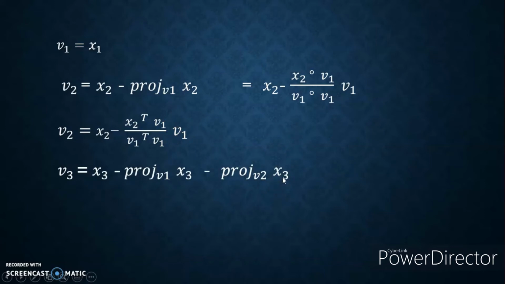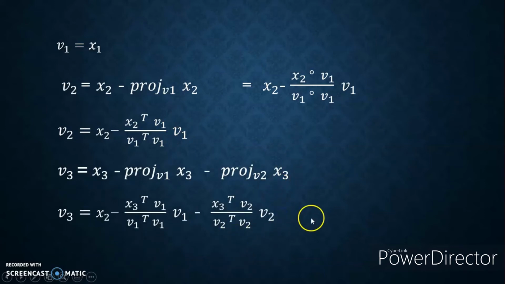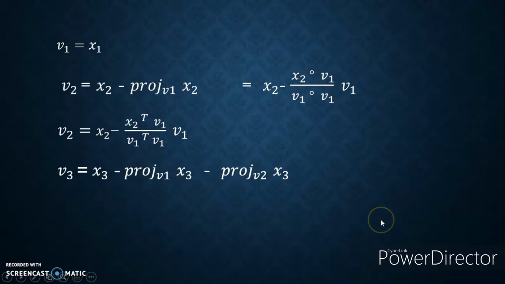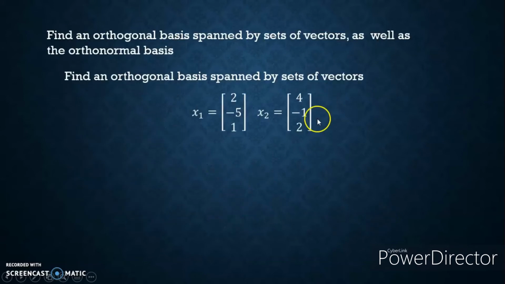If you are also solving for three vectors, you can use this formula, but in this example I'll be using only two vectors, so we only have to use the V1 and V2 formulas. Let us proceed with our example. I'll be showing you a video on how to solve this example.